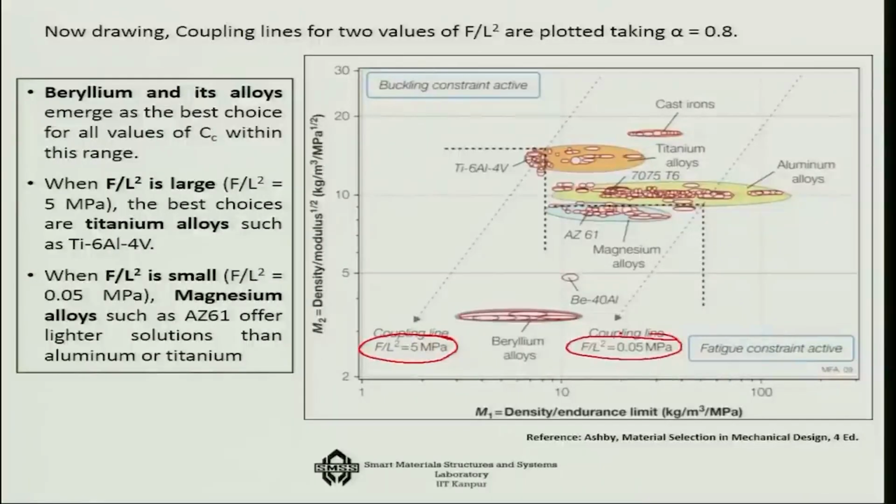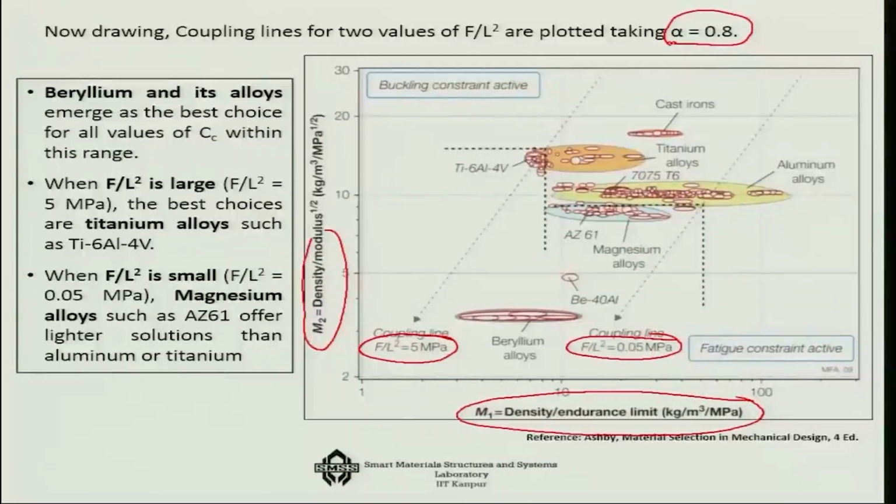Now the plot is such that instead of working on each individual plot, we are plotting M1 against M2, so the material property indices come into the picture directly. That means M1 equals some constant times M2, and that constant for two values of F by L square is plotted, considering alpha equals 0.8.